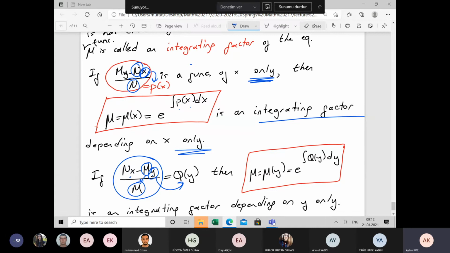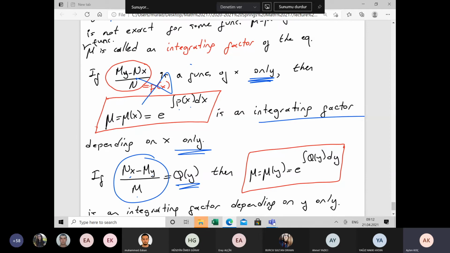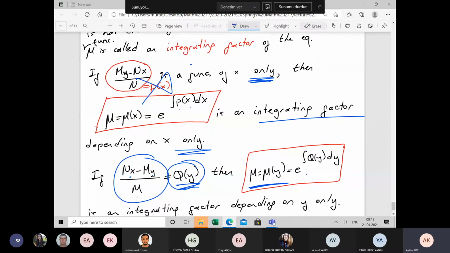So if, for example, the first quotient is not a function of x, you have to check the second quotient. This one should be a function of y. If it is a function of y, call it q of y, then mu is a function of y, e to the integral of q of y dy. So we obtain mu, and what's the next step?